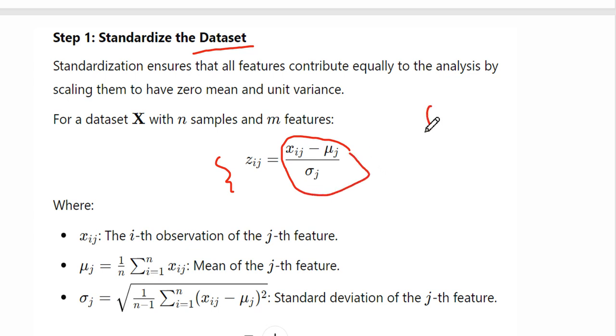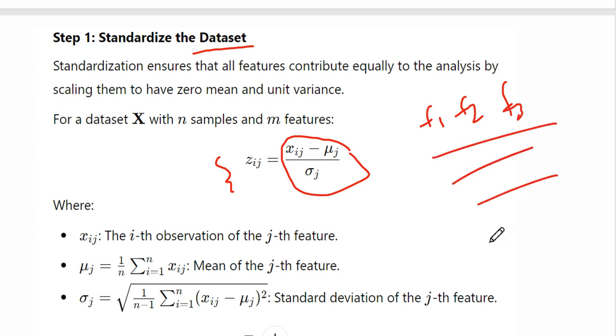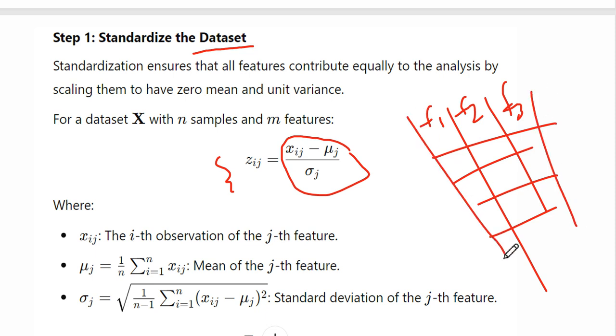For example, let's take a data set that contains 3 features: feature 1, feature 2 and feature 3, with 4 records: record 1, record 2, record 3 and record 4. Now we have to standardize each and every cell value using this formula.